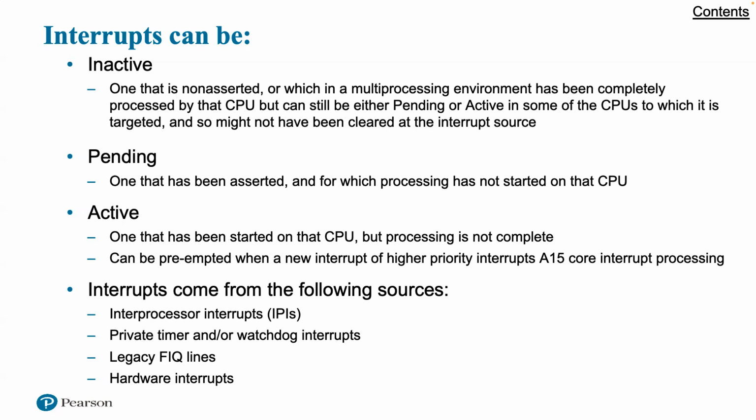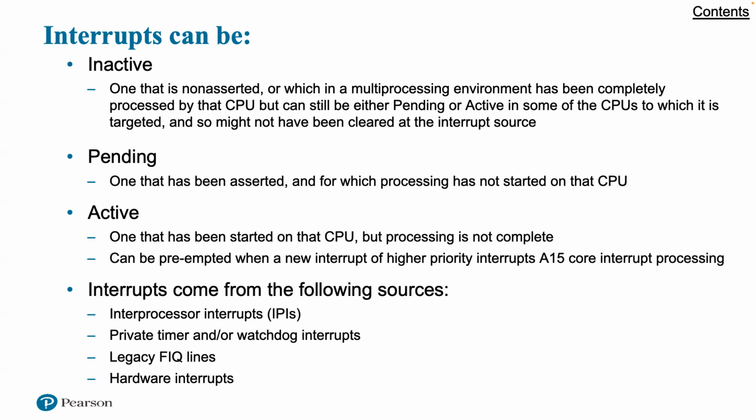Interrupts come from the following sources. The interprocessor interrupts, IPIs. Each CPU has private interrupts ID 0 through ID 15 that can only be triggered by the software. The priority of an IPI depends on the receiving CPU, not on the sending CPU.